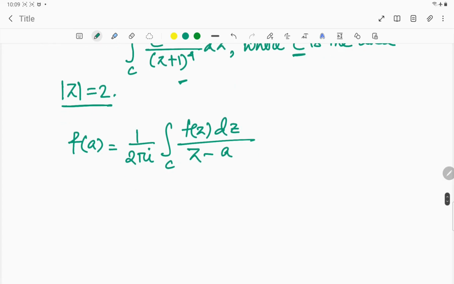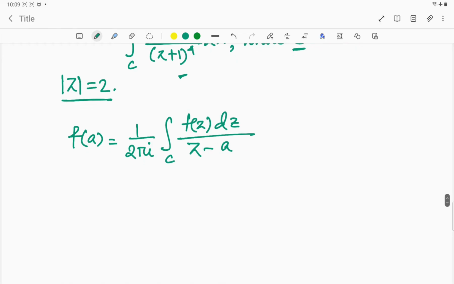That's it. Now suppose we want to differentiate both sides, then what can we get?